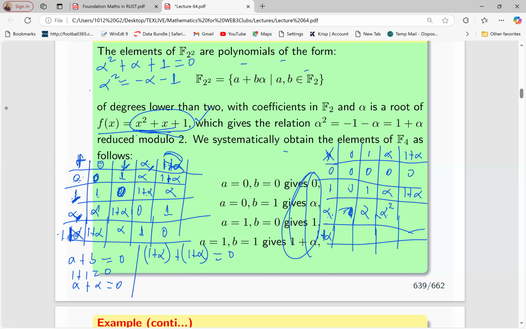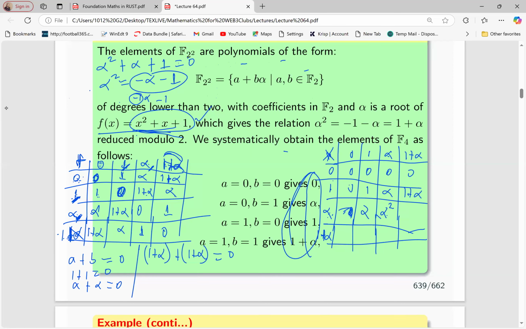So that means instead of alpha squared, you can write this. But we just want it to be positive. We are doing it mod 2. So mod 2, this is negative 1 alpha, and this is negative 1. So this negative 1 mod 2, just add 2 to it, becomes positive 1.